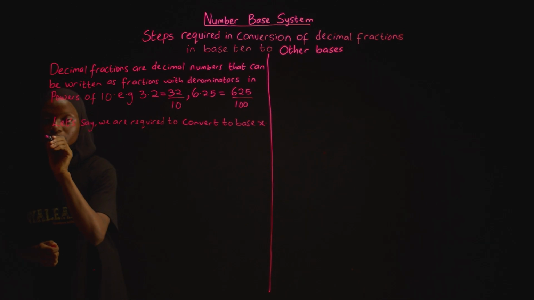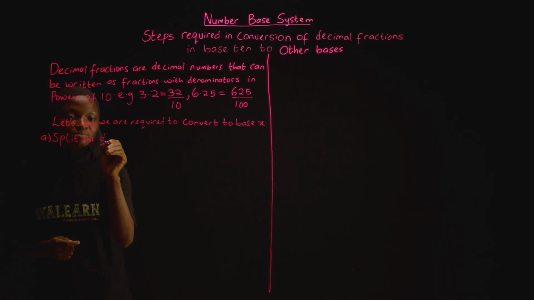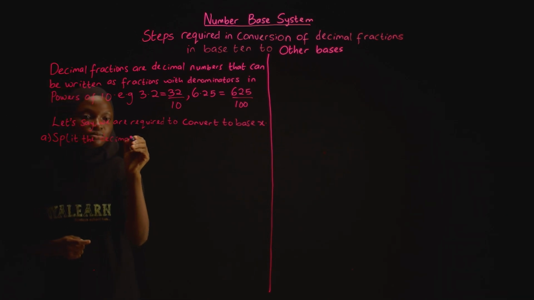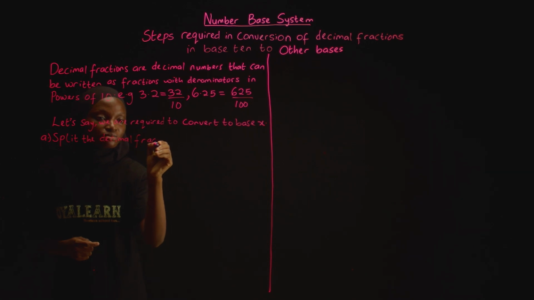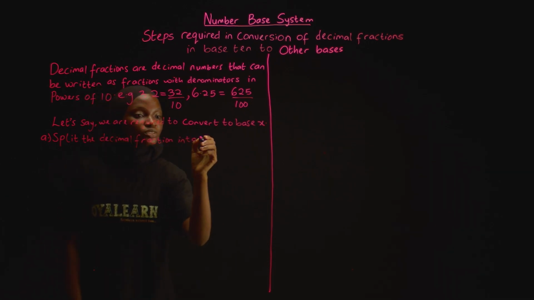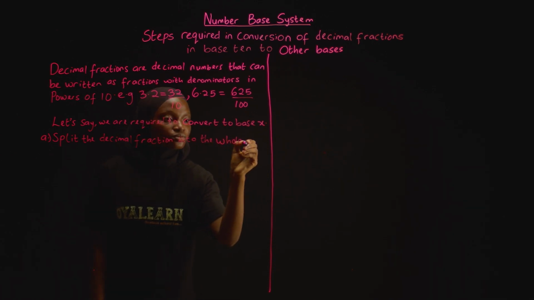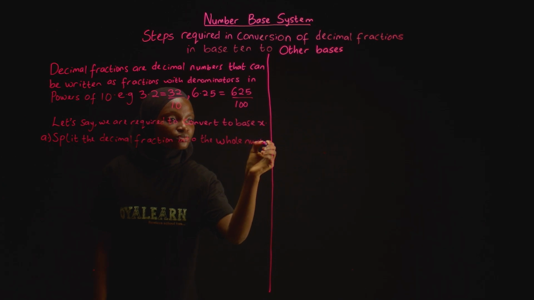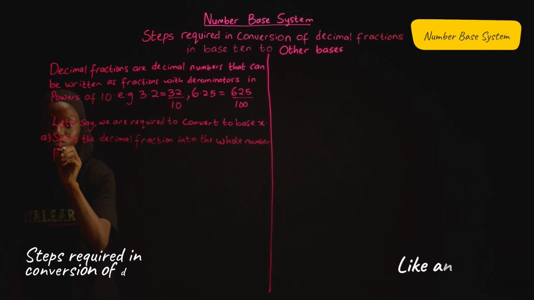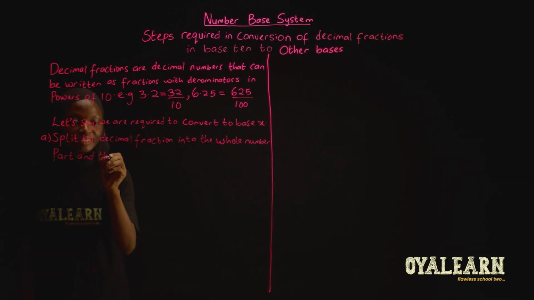So the first step, split the decimal fraction into the whole number part and the decimal part.